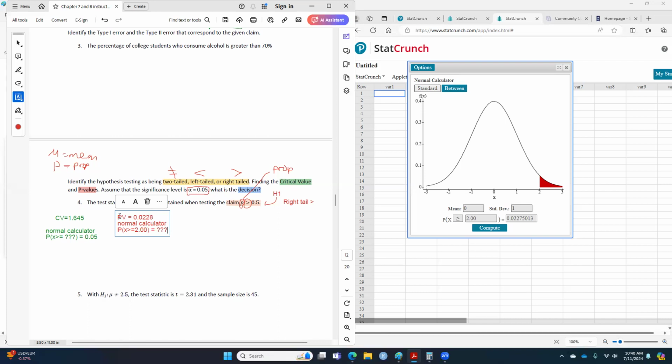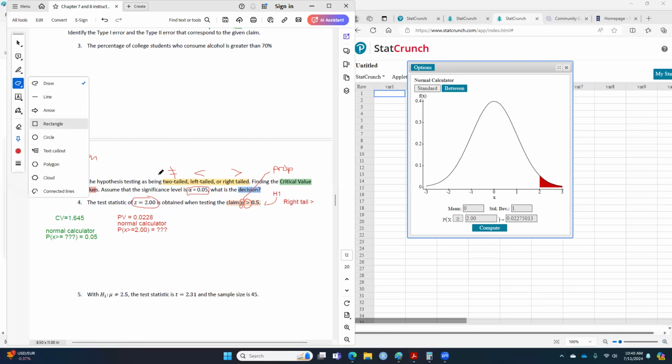And then your first box and the second box should be empty. This 2.00 comes from your Z score. So that's why the question has to give you that in order for you to find your p-value.